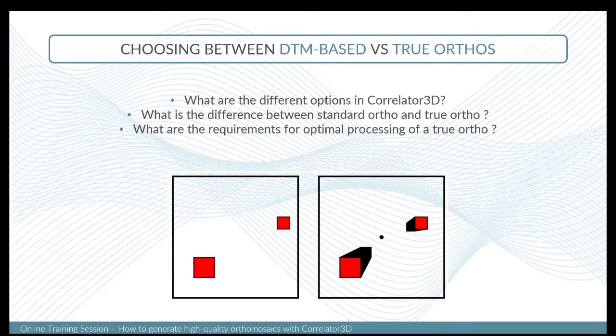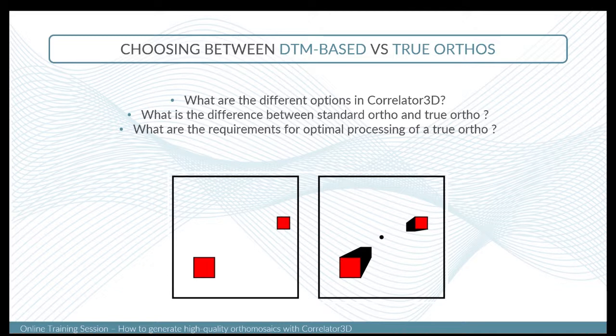And if your surface model is not accurate enough, if you're flying at too low altitude, you have a small camera, there's a good chance that you're going to see some type of artifact in the true ortho. So this is not a software matter. It's really more kind of a geometric problem that needs to be solved.